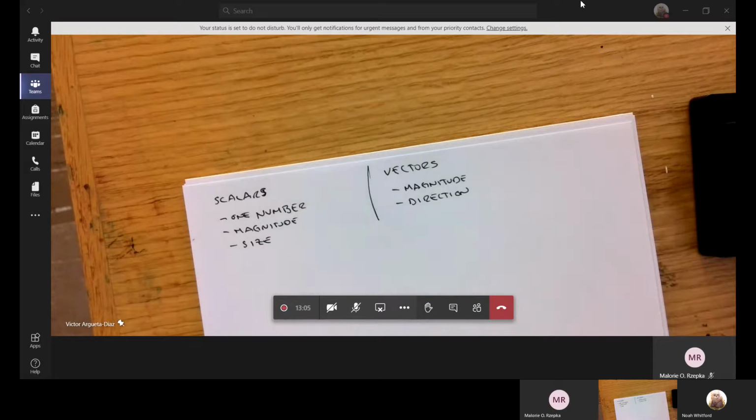There are other examples. If I have a book and I apply forces equally on opposite sides, I can push really, really hard, and as long as the two forces are the same, this book is not going to move. It may deform, but it's not going to move.